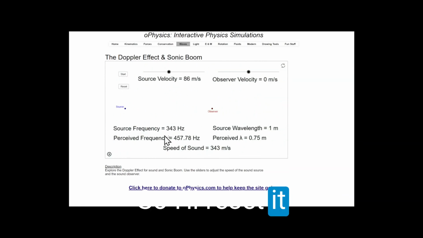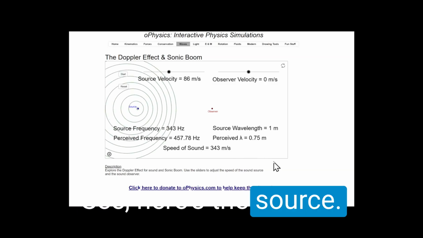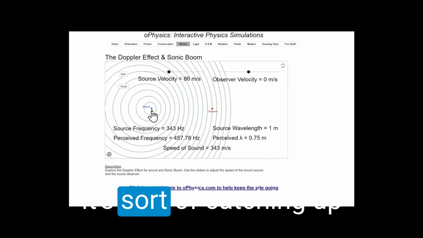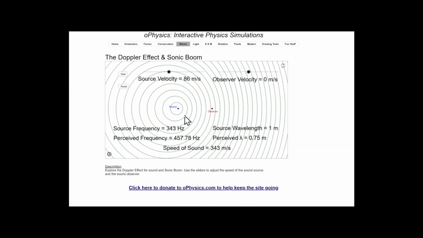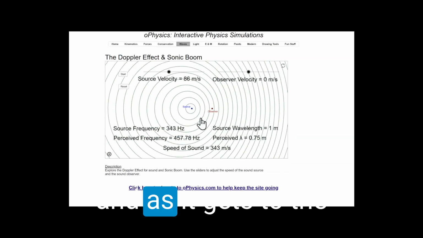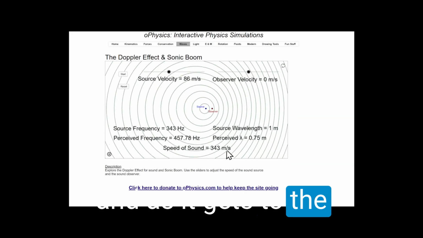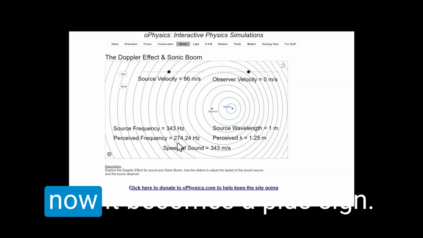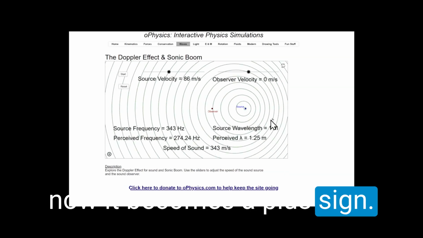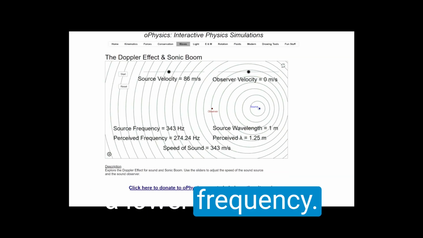So I'll reset it and play it again. See, here's the source. It's sort of catching up with the sound waves. And as it gets to the observer, notice that the frequency swaps, because now it becomes a plus sign, so now it's going to be a lower frequency.